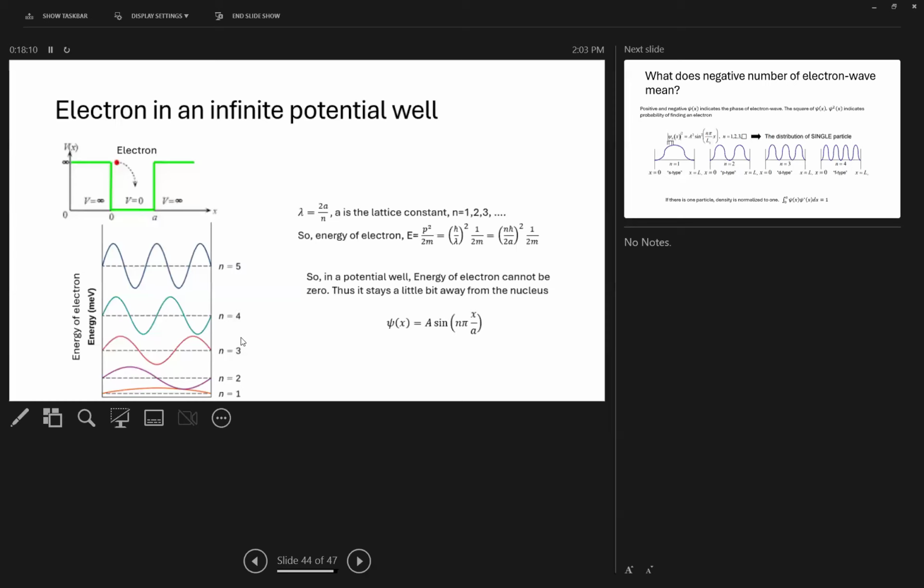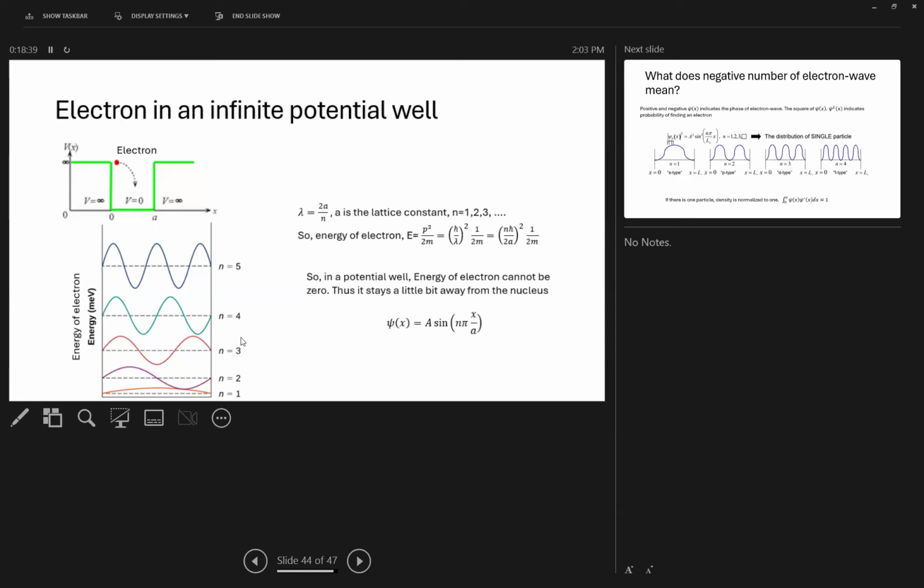The reason why we made it simplified is because now it just looks like a cavity, a cavity which is bounded by a hard wall. So nothing can go out of that cavity. If nothing can go out of the cavity, as we discussed a moment ago, then the wave inside the cavity must be taking some specific value.